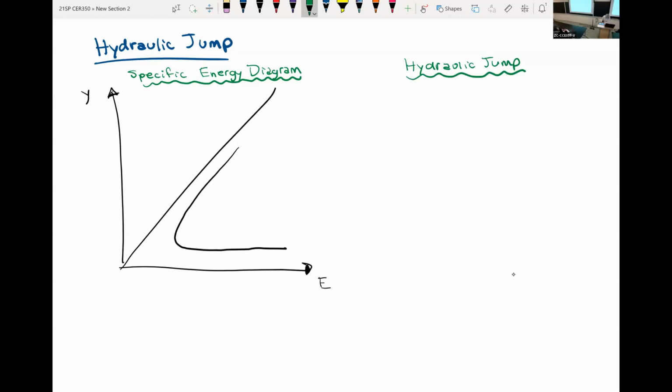Okay, so we have a hydraulic jump happening. Here's our channel bottom. We'll assume it's pretty flat. And we've got supercritical flow, and then hydraulic jump, subcritical flow.